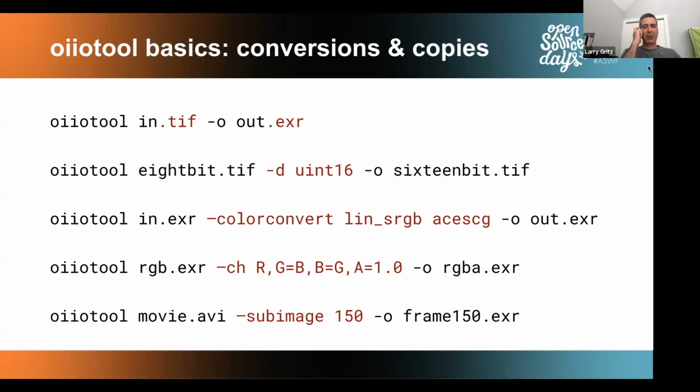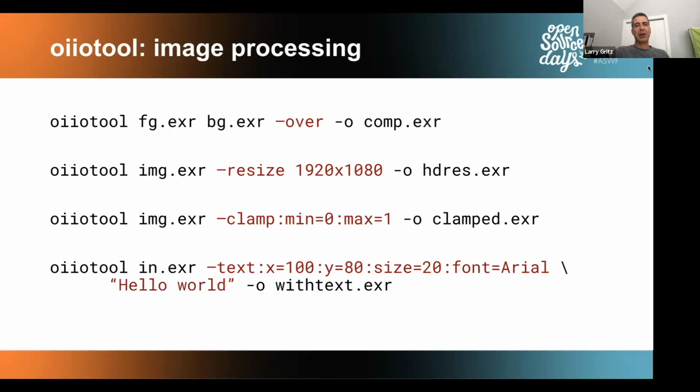At the end here, I have one example of reading in a movie file, extracting one particular frame from it and saving it out as an individual image. And lots and lots of image processing utilities: resizing, rescaling the data values, doing things like image arithmetic with multiple images or simple compositing. We can also burn in arbitrary text onto the image, to add titles or whatever.